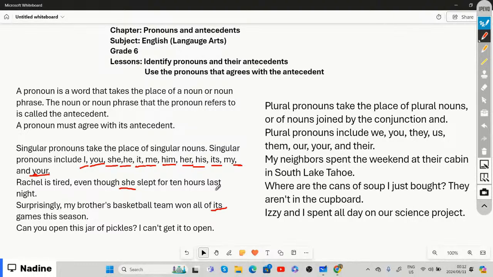And can you open this jar of pickles? I can't get it open. And there we have you and we have I. Pronouns are words that take the place of a noun.